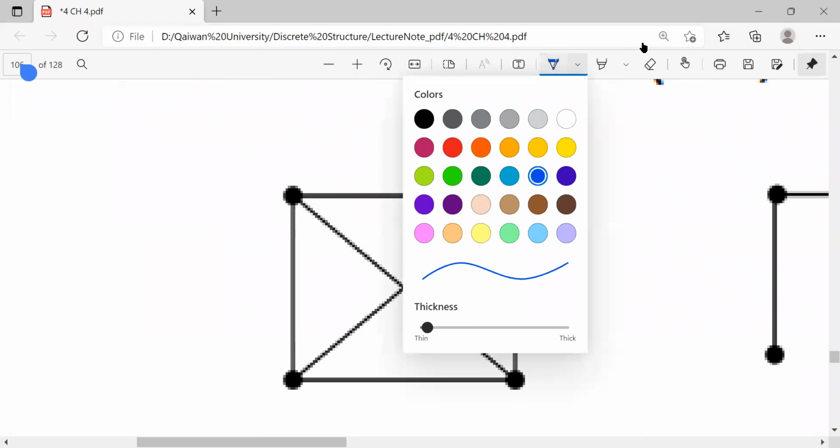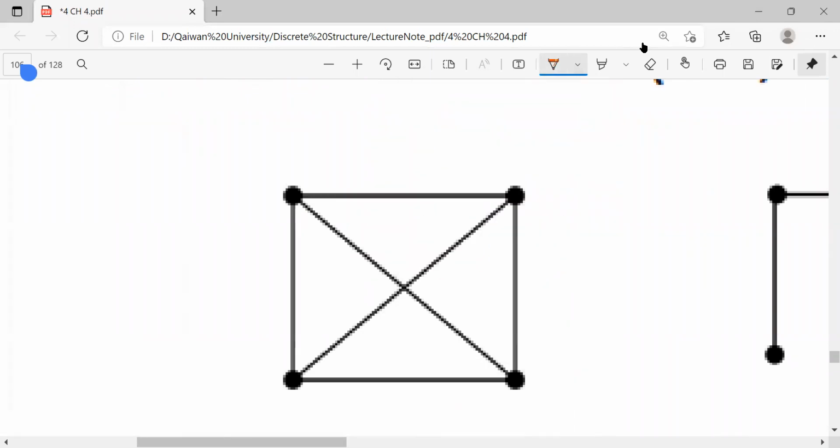Someone may say, I'm going to take this and this one. This is a tree, and it contains all the vertices. Here we have only these 4 vertices. That means the spanning tree is this.